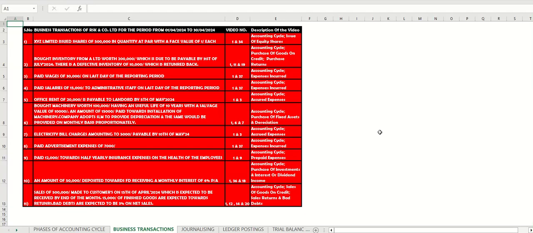For the first business transaction, XYZ Limited issued shares of 5 lakh in quantity at par with a face value of 1 each. This concept is primarily related to the issue of equity shares.